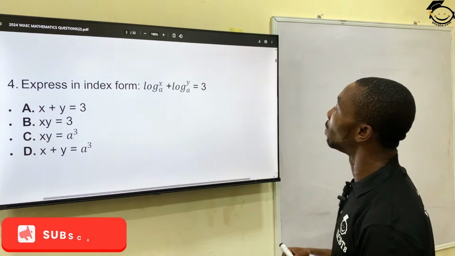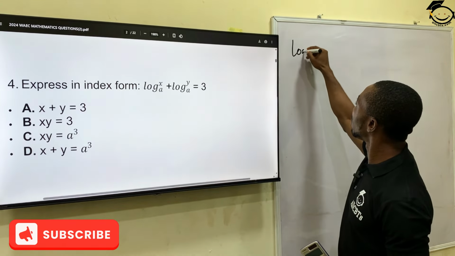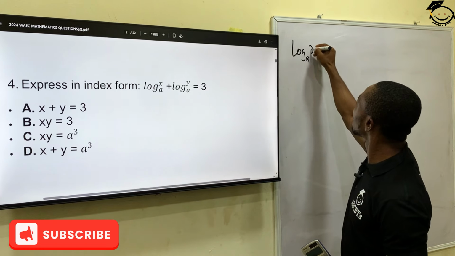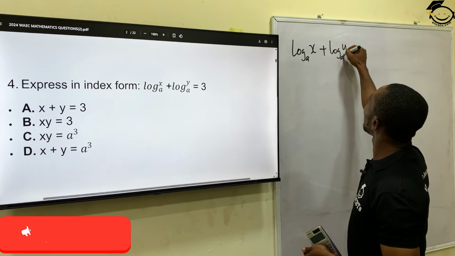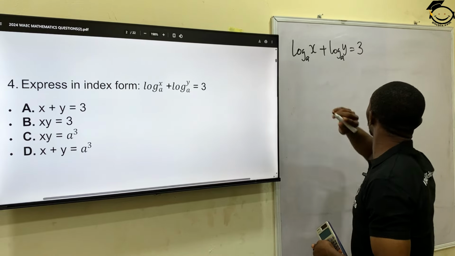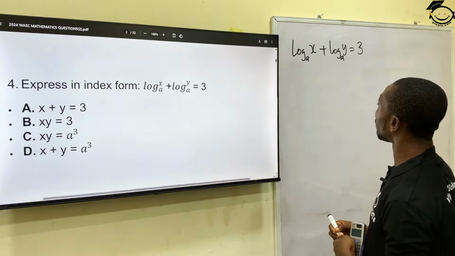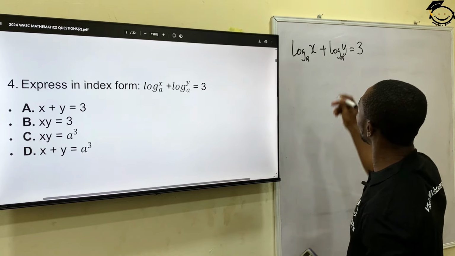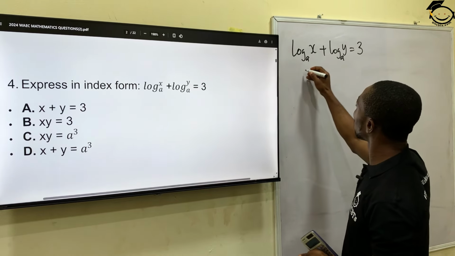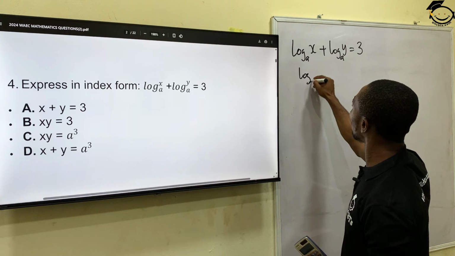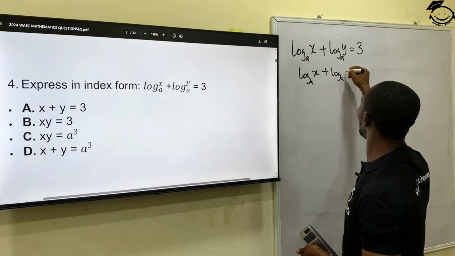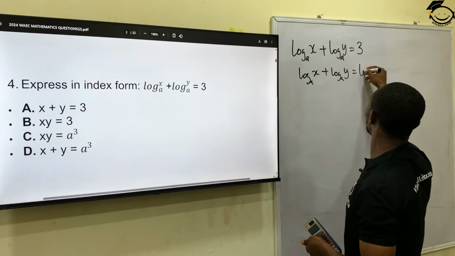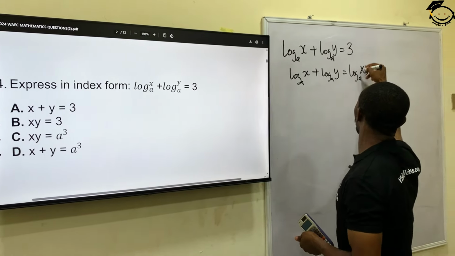Expressed in index form, log a x plus log a y equals 3. Now, we know in our law of logarithm, we could turn this addition to become log a x plus log a y equals log a xy.